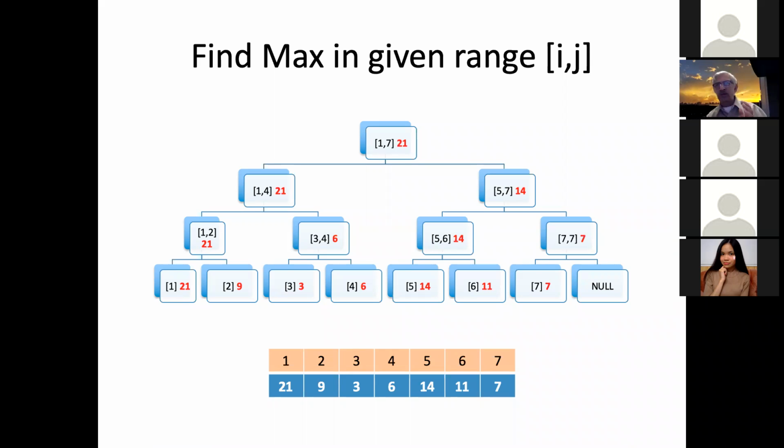So if it were larger than 5, then you would only go and search in the left subtree. If it is smaller than 2, you would only go and search in the right subtree, and so on and so forth. Does that make sense? Okay. Yeah. Thank you.